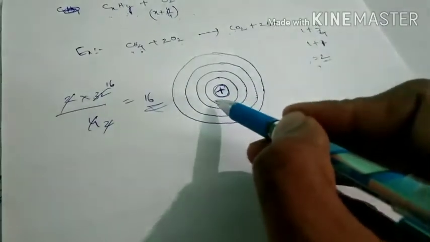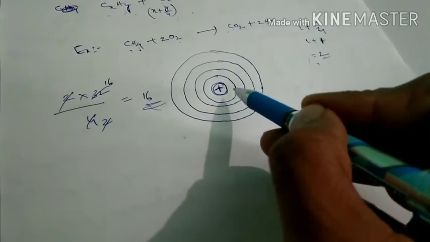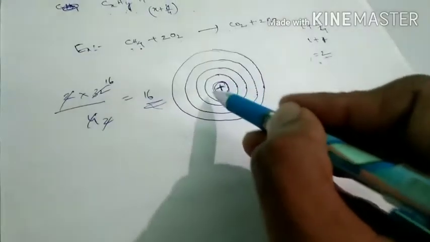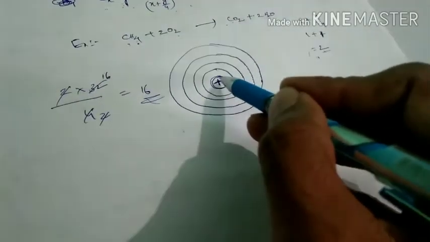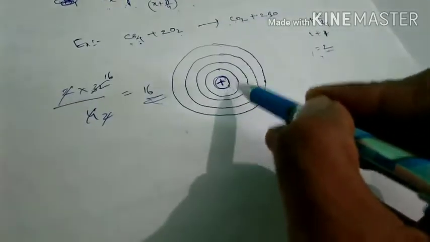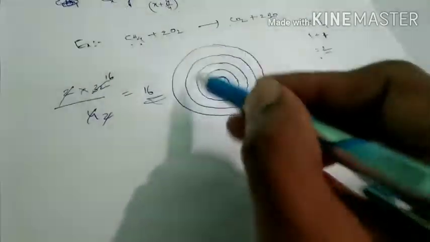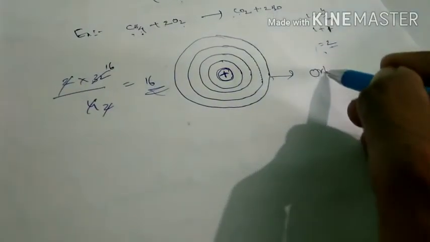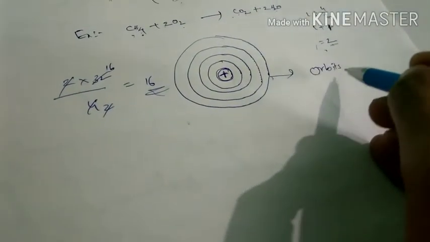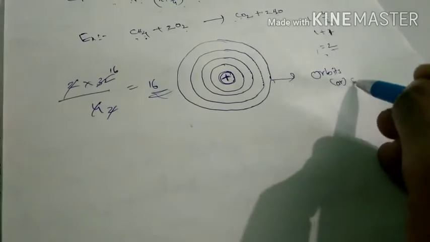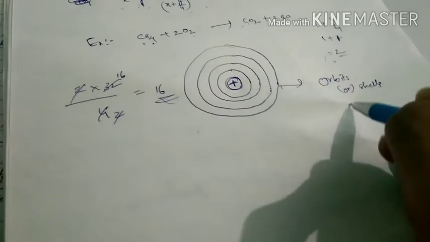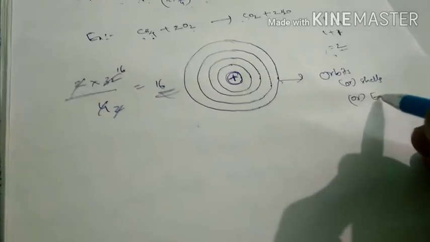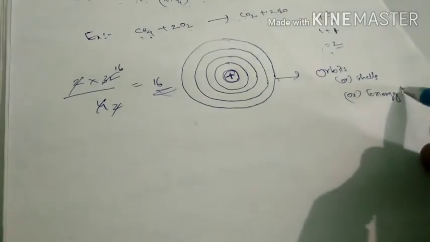So what he said: the electrons revolve around the nucleus. This is the nucleus. Around the nucleus, electrons revolve in those circular paths. Those circular paths are called orbits. One more name for this is shells, and one more name is energy levels.